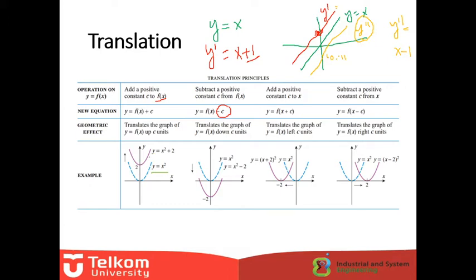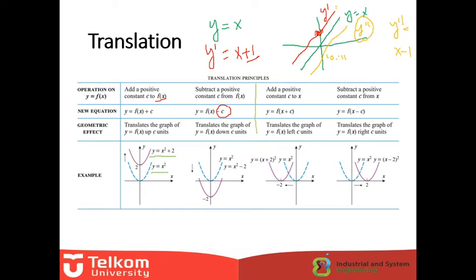So this is y prime equal x square plus 2. And also when the condition is y equal x square minus 2, it means that you have to move down by 2. 1, 2. Move down in here. Okay, this is when the condition adds a positive constant c to f(x), and this is the subtraction.